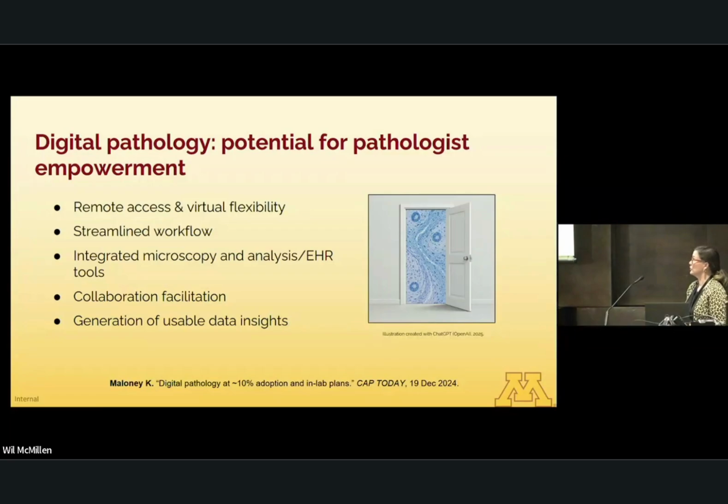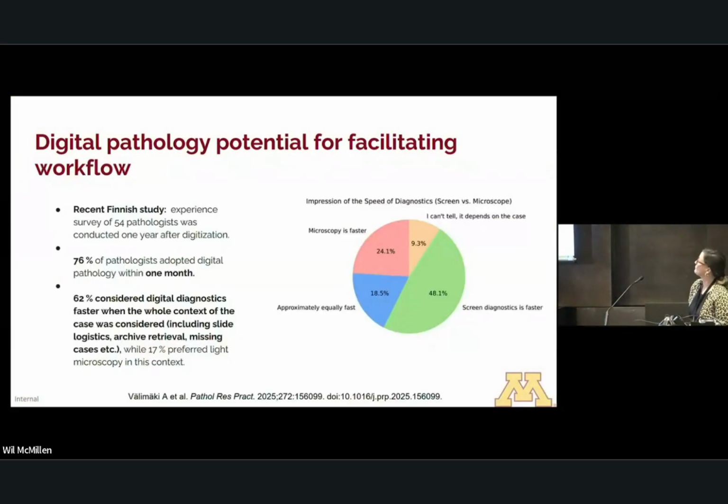Other benefits are the ability to integrate data from microscopy and the EHR, facilitated collaboration, and, importantly for later use, generation and contribution to this growing body of data insights.